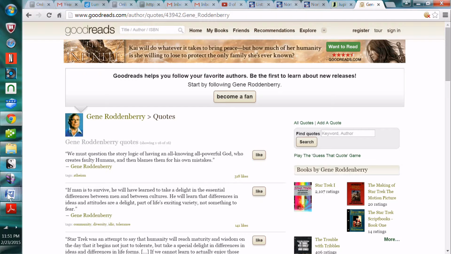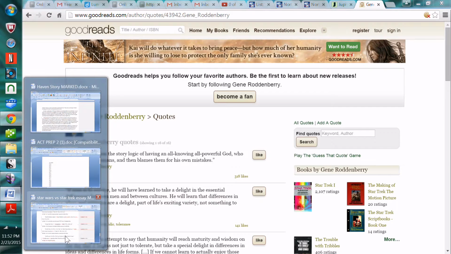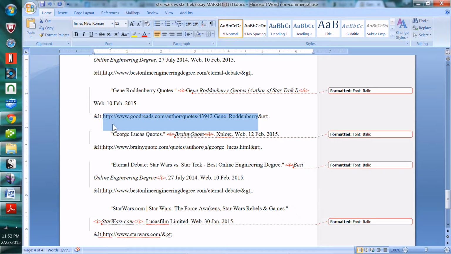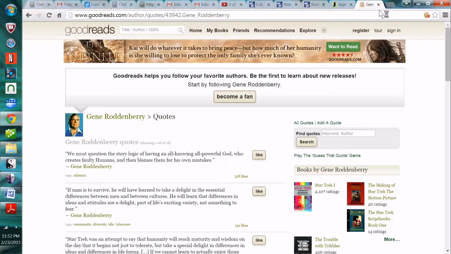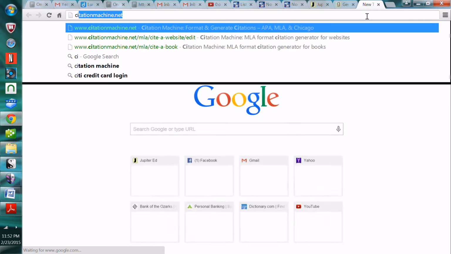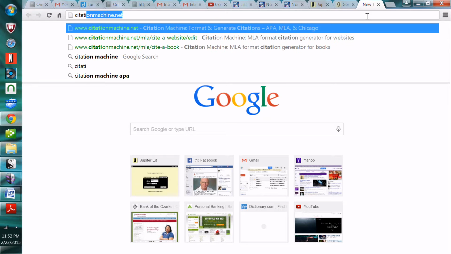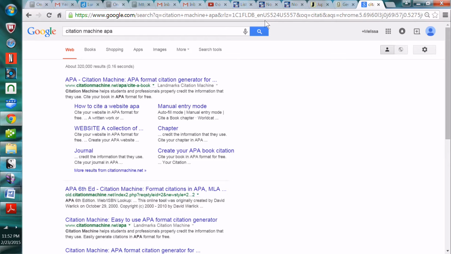We do not need that other stuff in there. And so let's just go ahead and delete this extra stuff. And you may know what it was. I'm not sure what it was. Oh, we're not doing APA. We're using MLA.